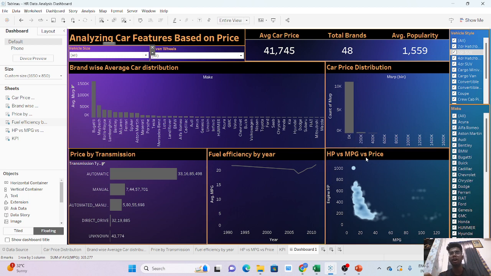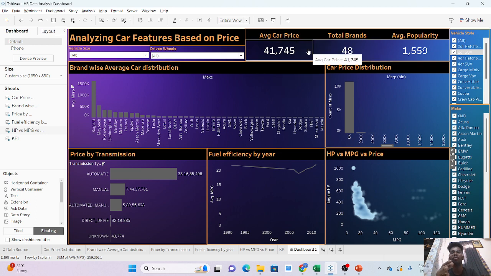Then we plot HP versus MPG versus price. This is the engine HP and the MPG. For three variables we have a contour plot, and also a KPI for average car price.